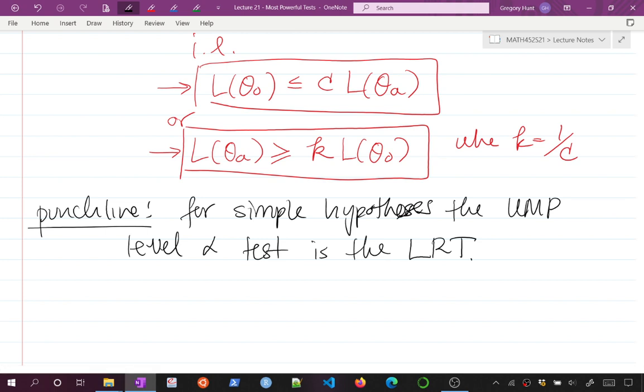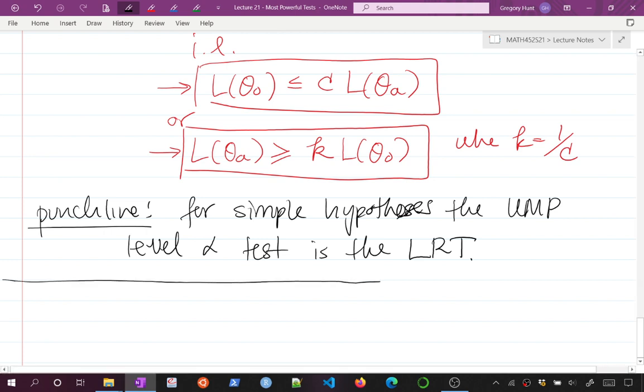So among all tests testing this simple hypothesis, whose level, that is, whose maximum probability of making a type 1 error is less than or equal to alpha, the best test we can come up with, the most powerful test, the test that maximizes our probability of correctly rejecting at every possible value of theta, is the likelihood ratio test. So the reason we talked about that is that that's the best we can do.